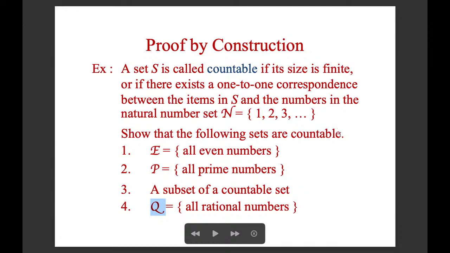So we count 2, 0. Let me see. We count something that adds up to 2, right? Sorry, we count 0, 2, 1, 2, 2, 2, 2, 1, and 2, 0.